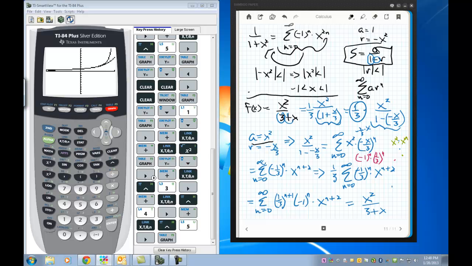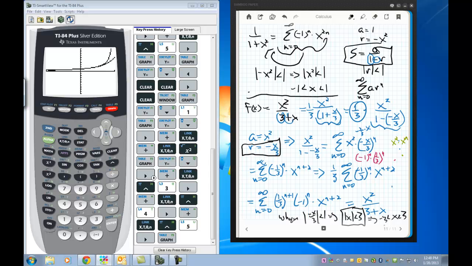Well, remember, r, it's not incidental that I used a little r, absolute r has got to be less than 1. So this is when absolute negative x thirds is less than 1, which implies that absolute x is less than 3, which implies that x is between negative 3 and 3.